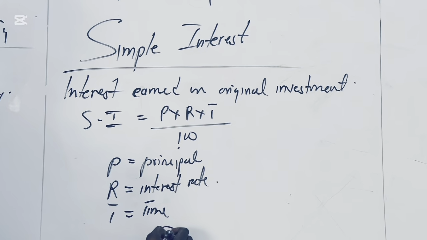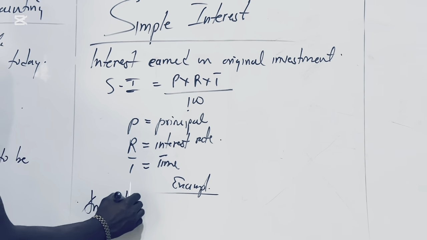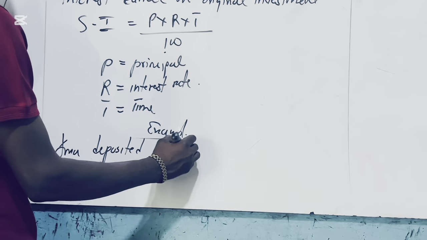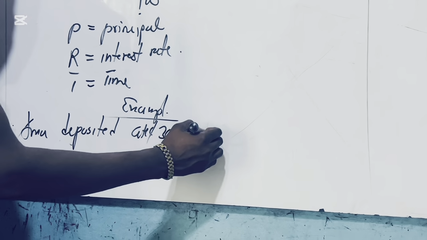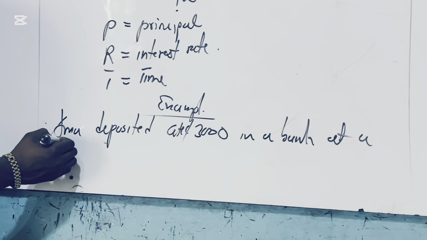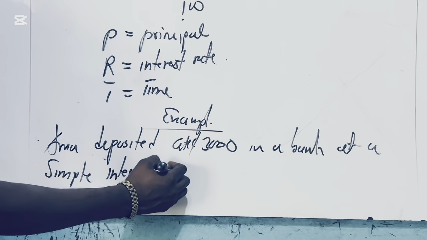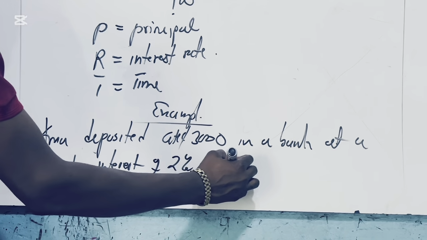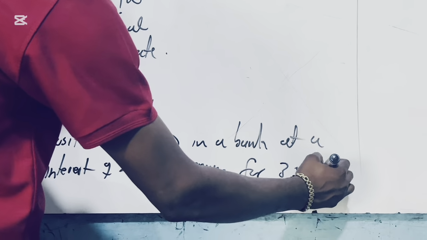So now let's try our hands on a few examples on how to calculate the simple interest. For example, let's say Ama deposited 3,000 Ghana cedis in the bank at a simple interest rate of maybe 2% per annum for 3 years.